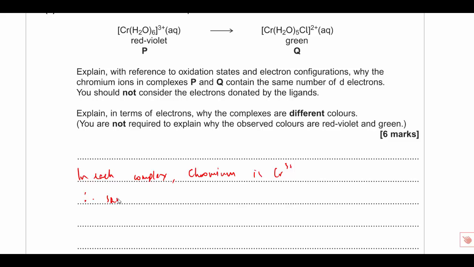Therefore, same electron configuration. And you could say the 3d electrons, but it's up to you. Why are they different colours? Well, different ligands. And then we need an explanation.